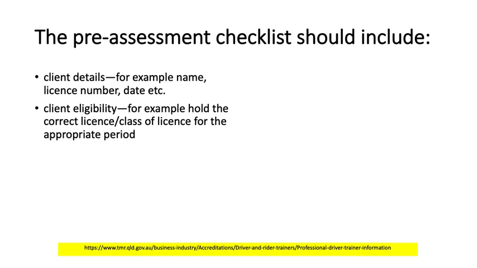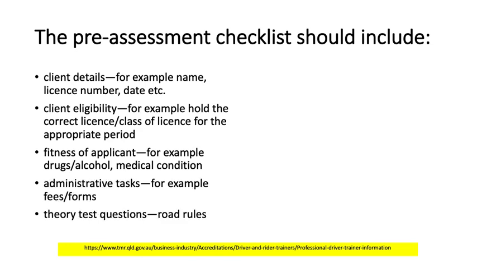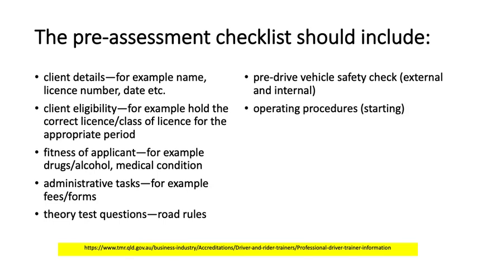The pre-assessment checklist should include client details, for example, name, license number, date, etc. Client eligibility, for example, hold the correct license, class of license for the appropriate period. Fitness of applicant, for example, drugs and alcohol, medical condition. Administrative tasks, for example, fees and forms. Theory questions, such as road rules. Pre-drive vehicle safety checks, external and internal.